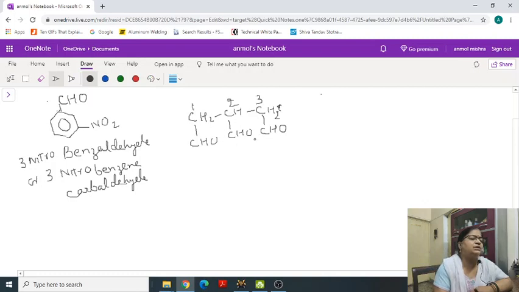We do not consider these carbons in the numbering of the longest chain. So 1, 2, 3 propane, the positions 1, 2, 3, propane tricarbaldehyde.